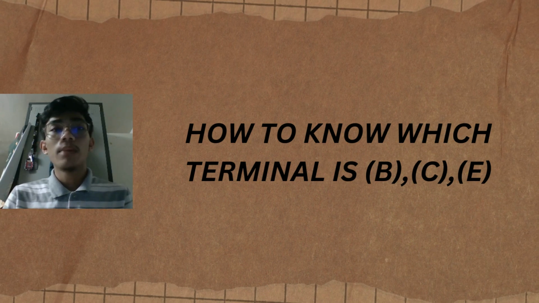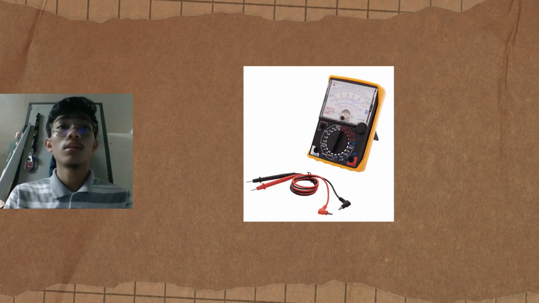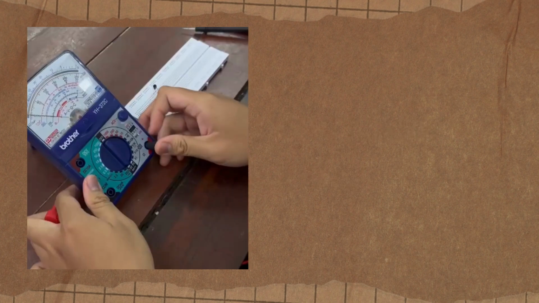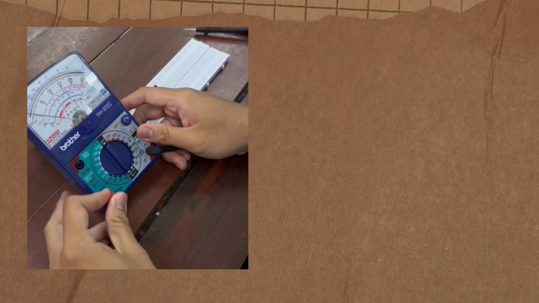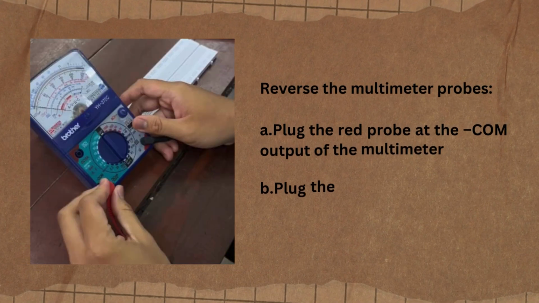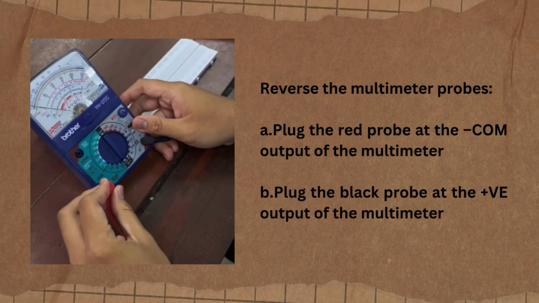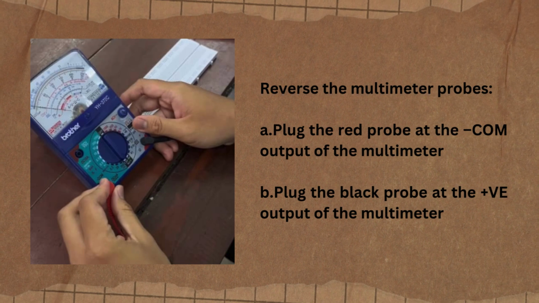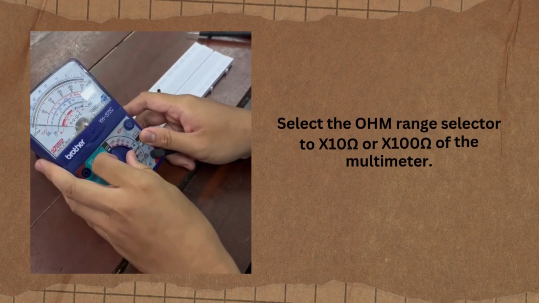Now, by only using a multimeter. For the BJT, I'm using a 2N2222. For the first step, for the multimeter, we are going to reverse the multimeter probes by plugging the red probe at the negative COM output of the multimeter and plugging the black probe at the positive output of the multimeter.